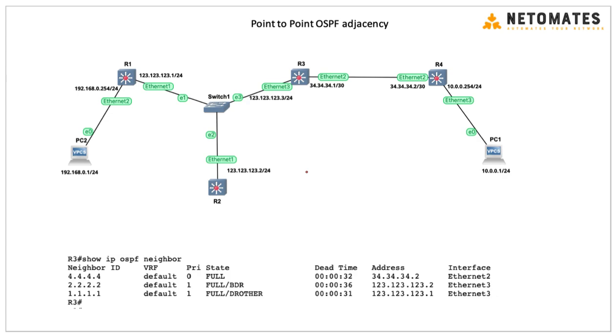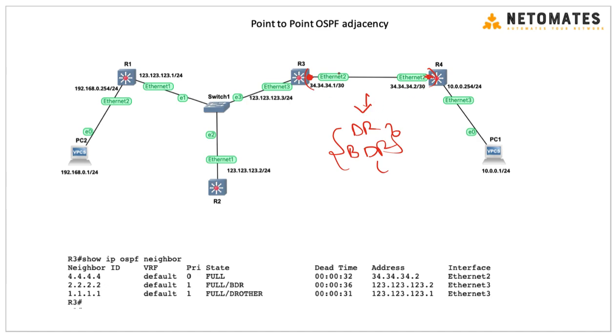So if we have only two routers participating and they are directly connected, there is no use of selecting the DR and BDR, right? Because this topology only consists of two routers, so there is no use doing all the process like election of DR and BDR and sending those updates. So in this case, you can configure OSPF as point to point.